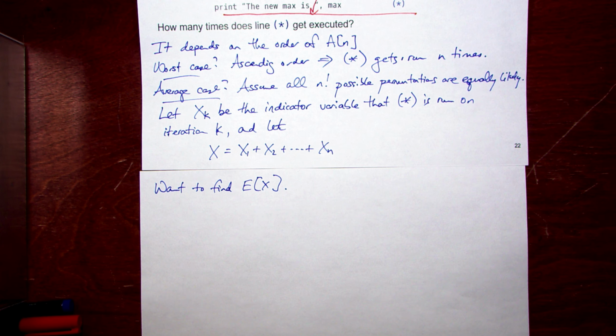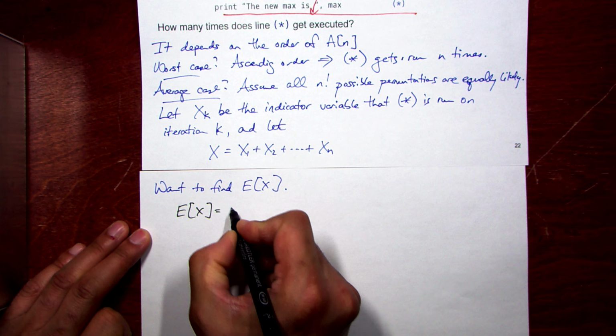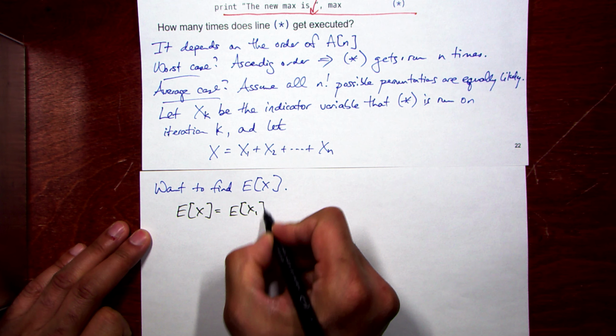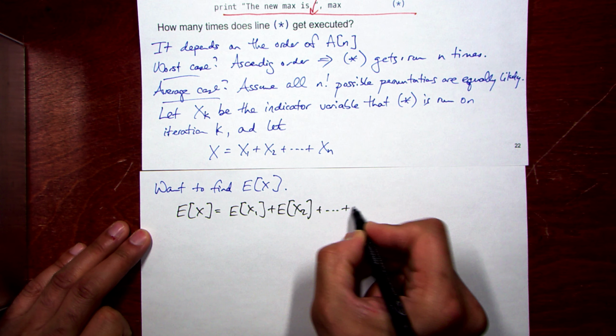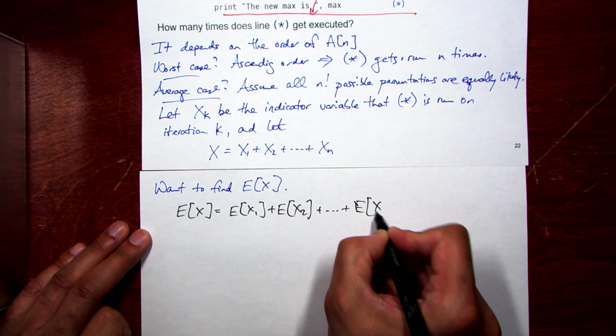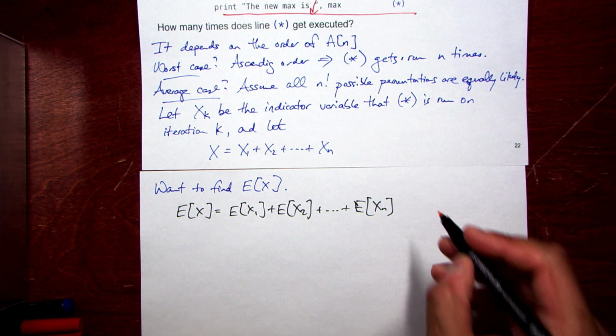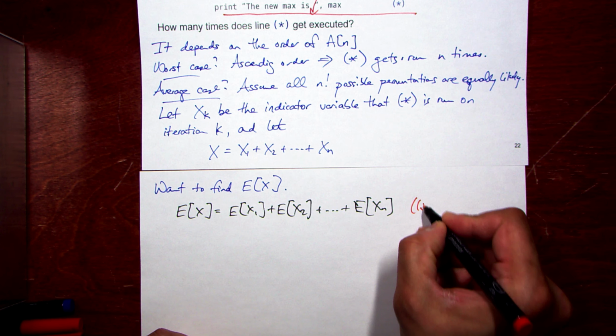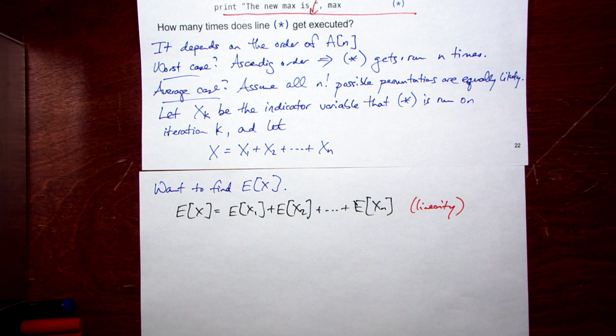And as usual, the expected value of x is going to be the expected value of x1 plus the expected value of x2. Okay, so linearity has been our friend throughout all these things. Okay, so all we have to do is find the expected value of x sub k.